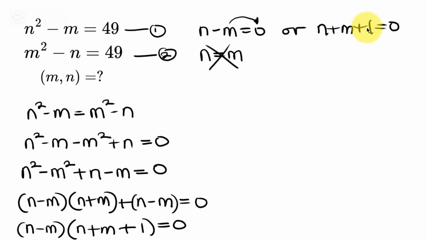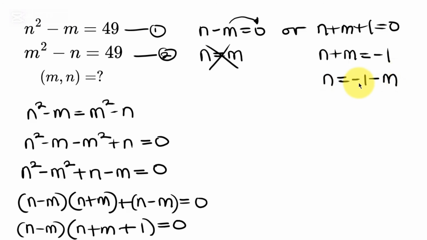I'm going to be moving 1 to the right hand side. So we have n plus m equal to negative 1. And I would like to make n the subject, so I'll move m as well to the right hand side so that I have n equal to negative 1 minus m.